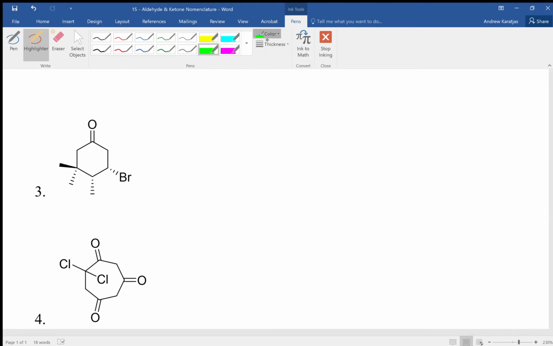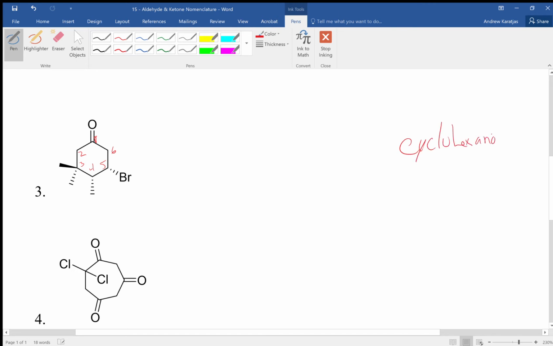All right, question 3. Again, we're going to start with our carbonyl, and we're going to number around to the left. So we have cyclohexanone, and we don't need a number for the ketone because we can assume that the ketone is carbon 1 because it's in a ring.